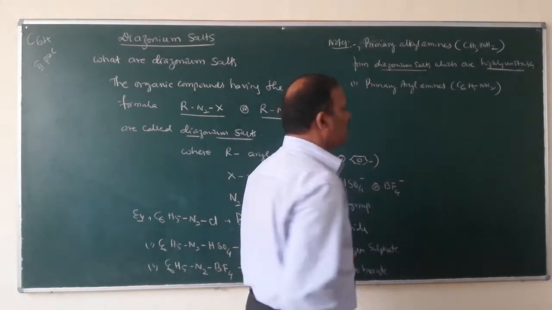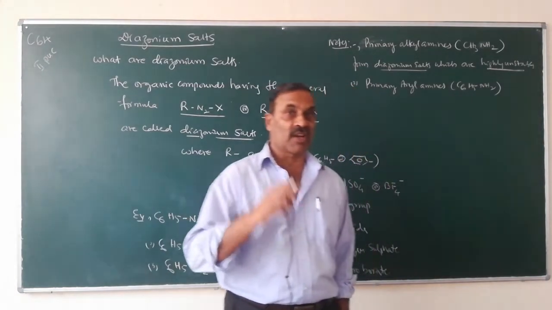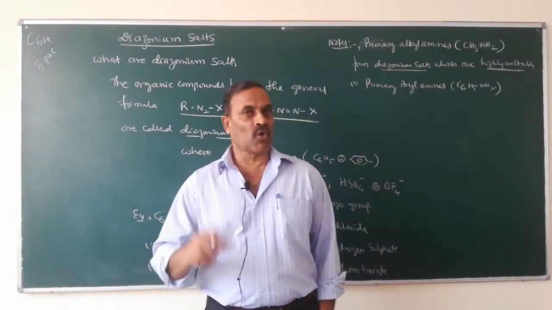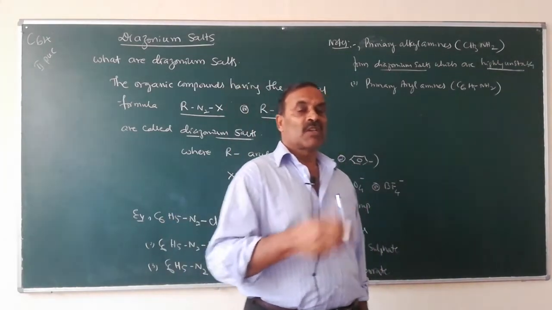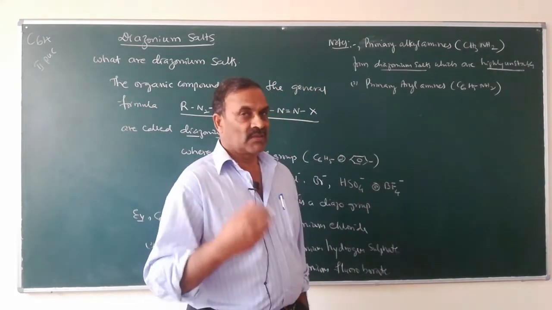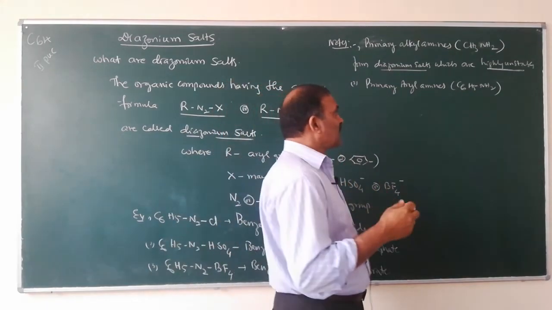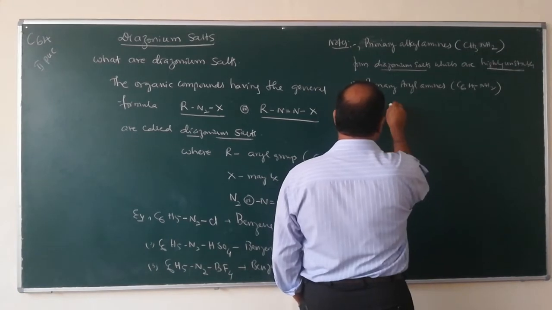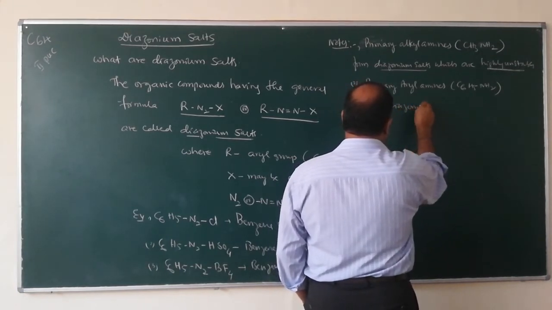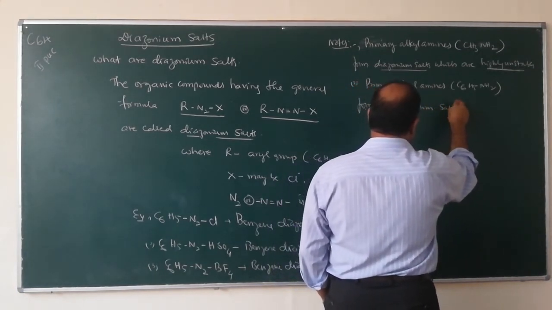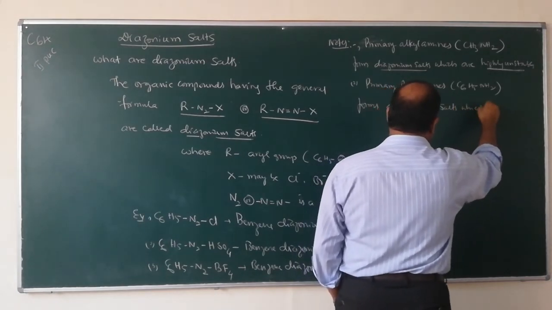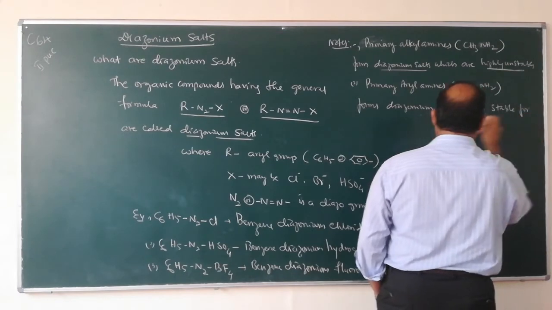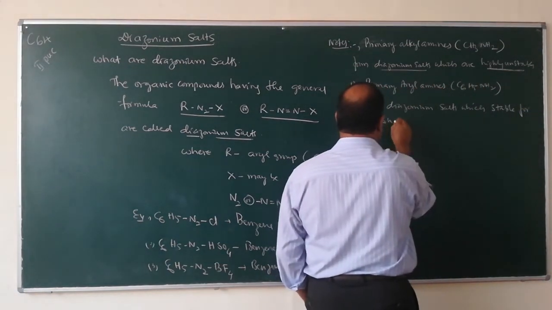Primary alkyl amines form diazonium salts which are highly unstable, whereas primary aryl amines form diazonium salts which are stable for a short time.